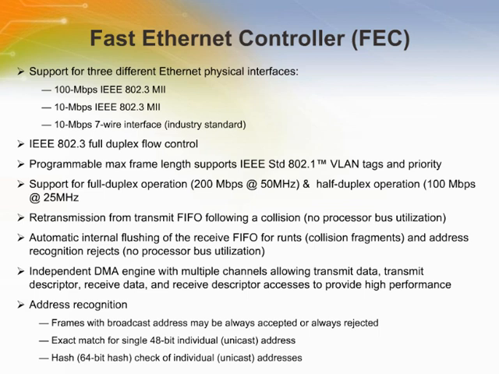The fast Ethernet controller supports the 10/100 megabits per second MII and 10 megahertz only 7-wire interface, which uses a subset of the MII pins for connection to an external Ethernet transceiver. The fast Ethernet controller supports three different standard MAC-PHY interfaces for connection to an external Ethernet transceiver.